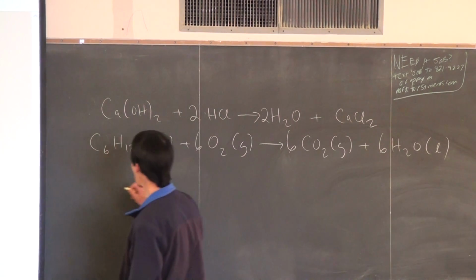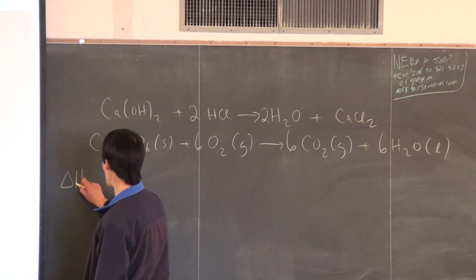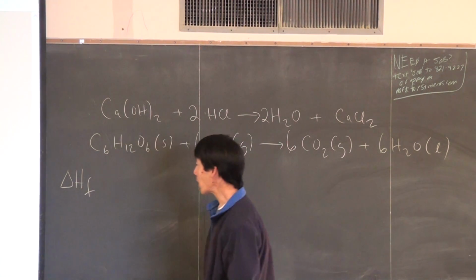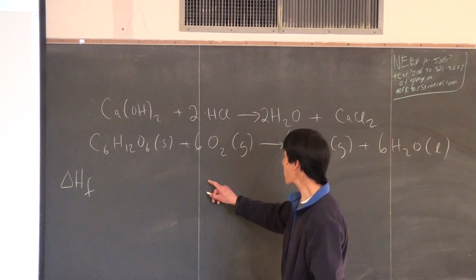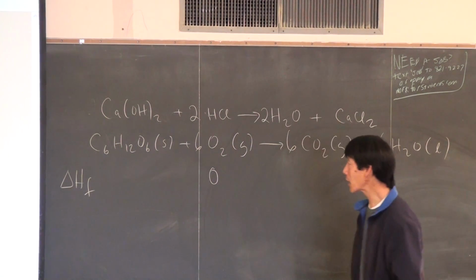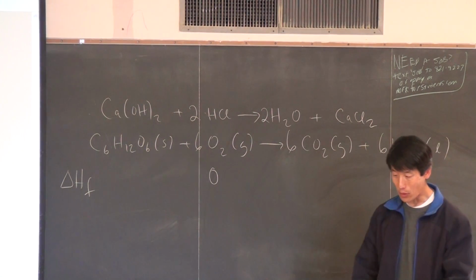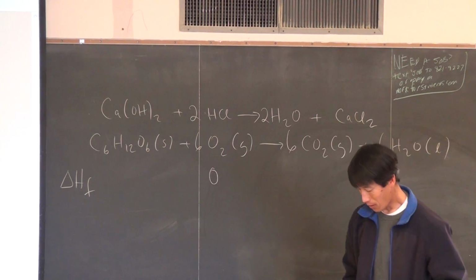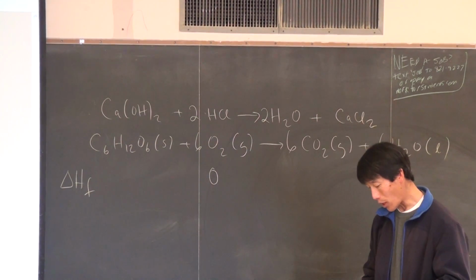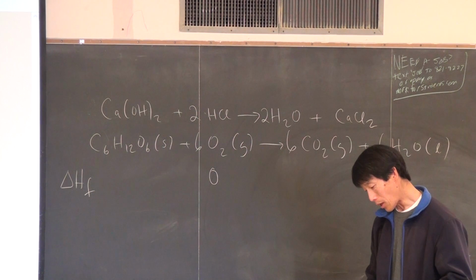Then we can go to Appendix 2 in the textbook to look up the delta H of formation. For any element in its standard state, that's equal to 0. Then we can look up the delta H of formation for the other reactant and products.